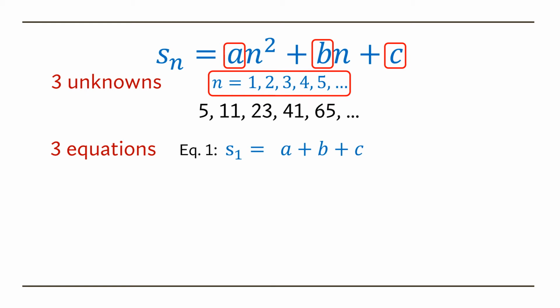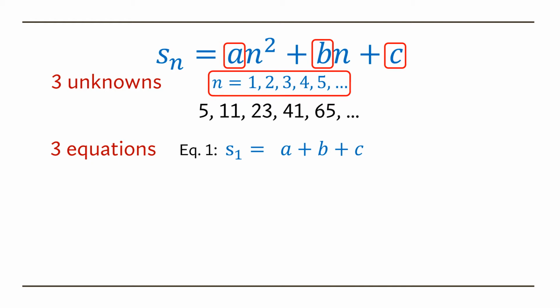Okay, so the first equation, S sub 1, we're using n equals 1, is equal to a times n squared. Well, n is 1, so n squared is 1. So the first term there is a. b times 1 is just b. And c we haven't done anything to, so it's a plus b plus c.